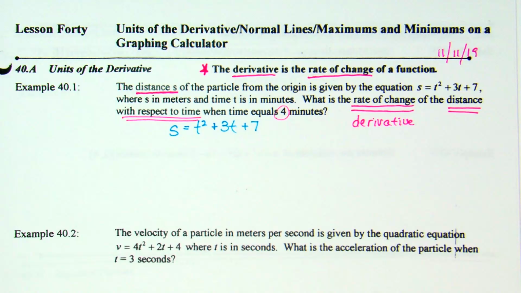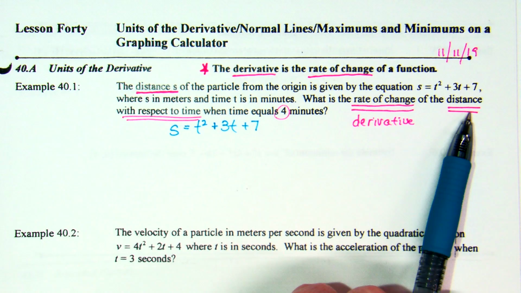So we're given this s equals equation, and it's in terms of t. We're asking for the rate of change, the derivative, of distance with respect to time. How can we write what they're asking us to find? It's the derivative of distance with respect to time.